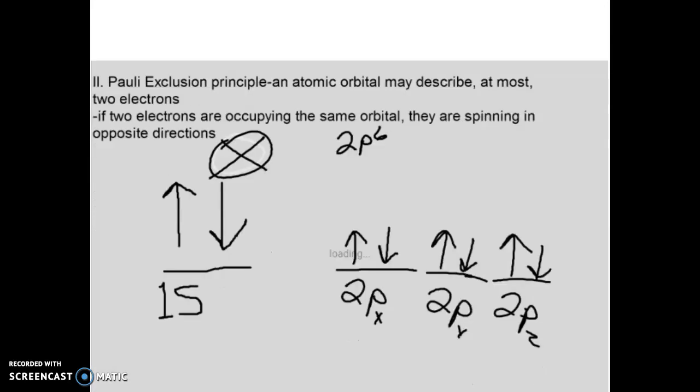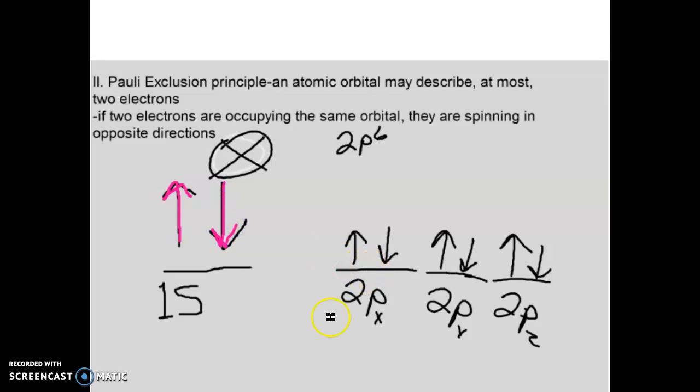The next rule is the Pauli exclusion principle, and it simply states an atomic orbital may describe at most 2 electrons. So for an s orbital, here's my 1s orbital, and we said 2 electrons in there. This arrow represents 1, and this arrow represents the second one.